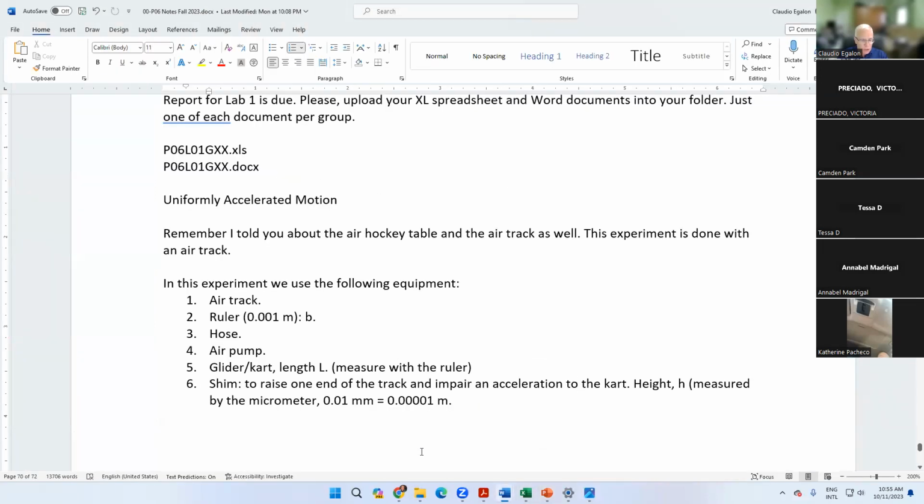Here we go. Shim, right? What else we have? Photogate. Position it.